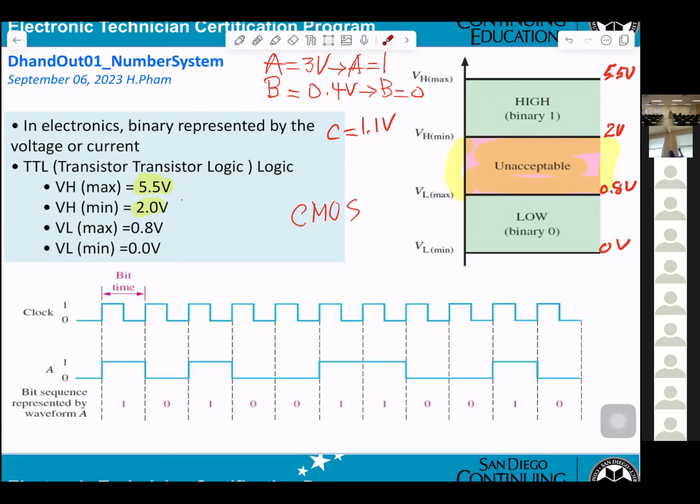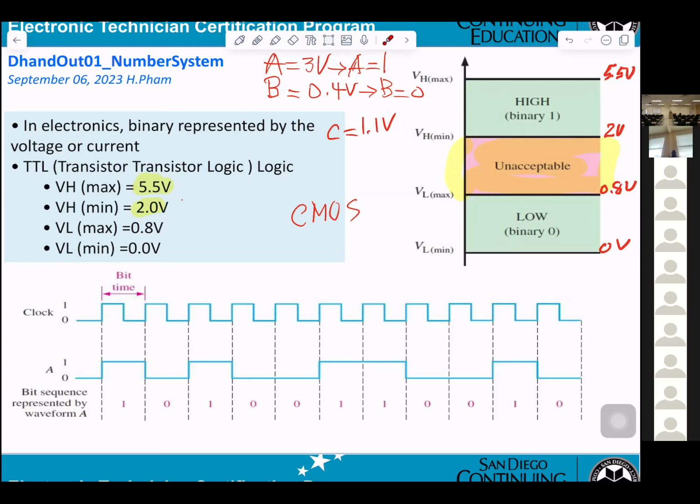They define for you any voltage higher than V high minimum, up to V high maximum here, will be high. High means logic 1: 2 volt up to 5.5.